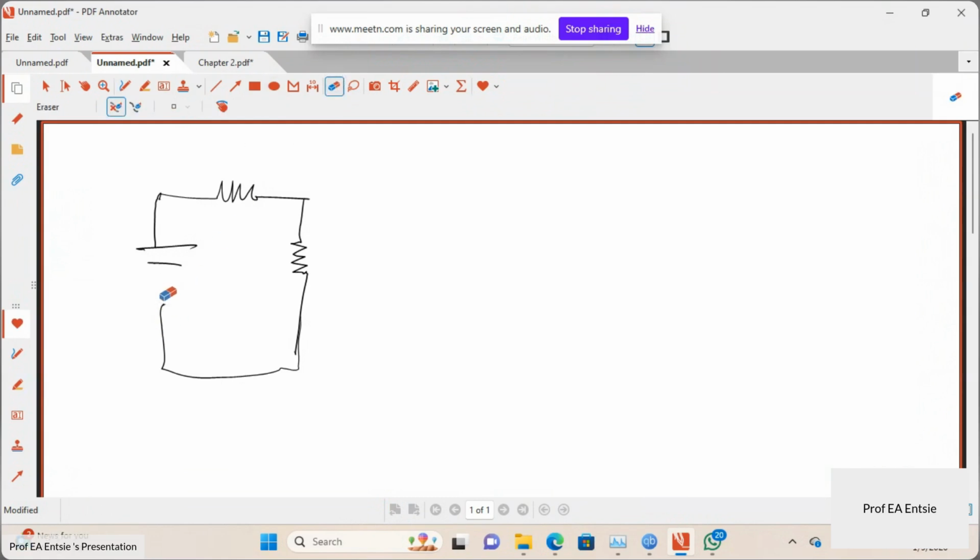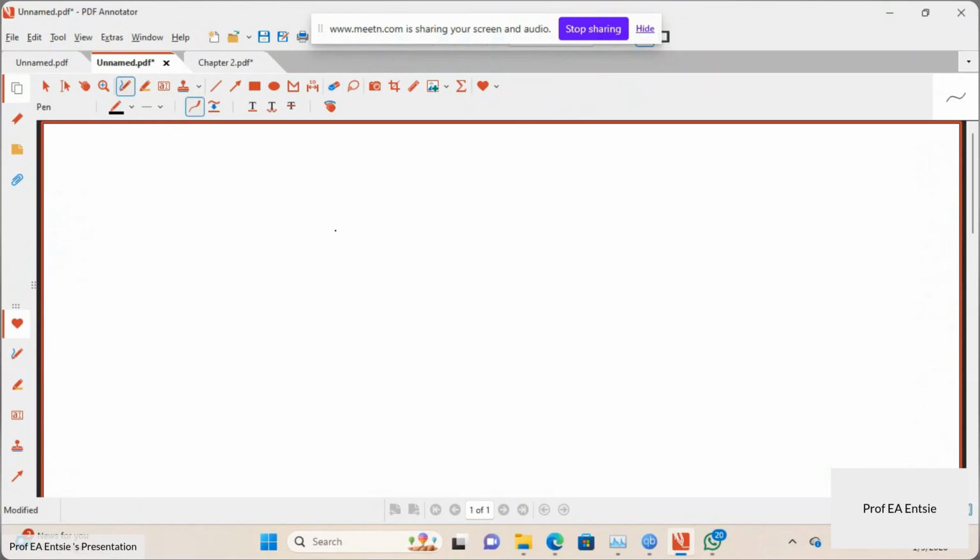Let me start again. Positive terminal, negative terminal. Then I have my first resistor here. Here's my second resistor.